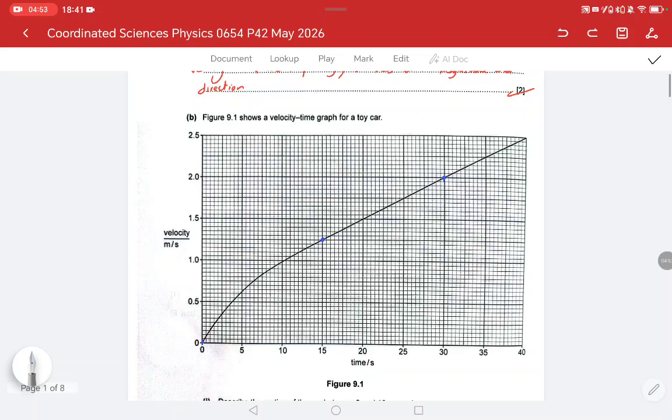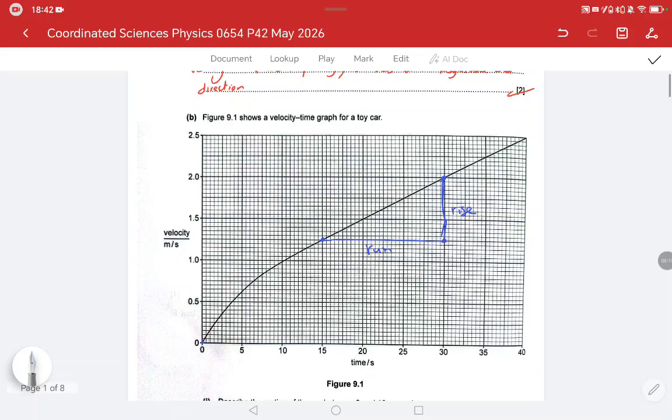And as you know, the acceleration in a speed-time graph is the gradient. So you have to find the rise over run. Or take any 2 points if you wanted, y2 minus y1 over x2 minus x1, no problem, like dv by dt.